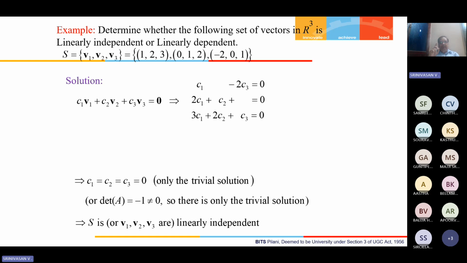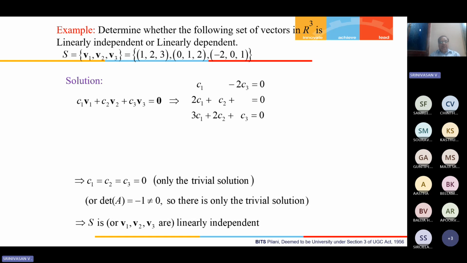The linear combination is C1 V1 plus C2 V2 plus C3 V3. Now we will have it equal to 0 because we are going to solve it. So as before, C1 into 1 plus C2 into 0 plus C3 into minus 2. That is C1 minus 2C3 equal to 0, the first equation.